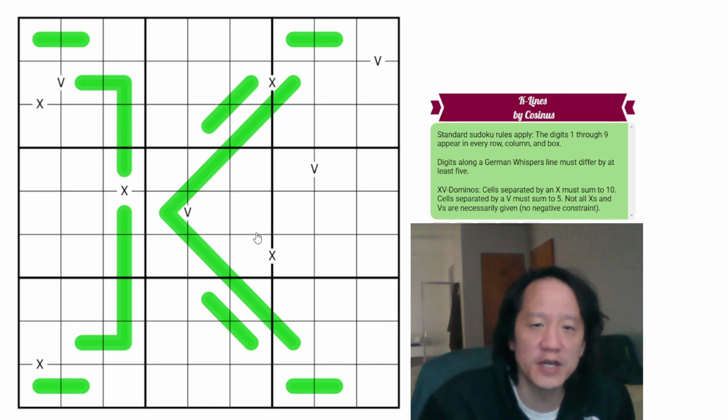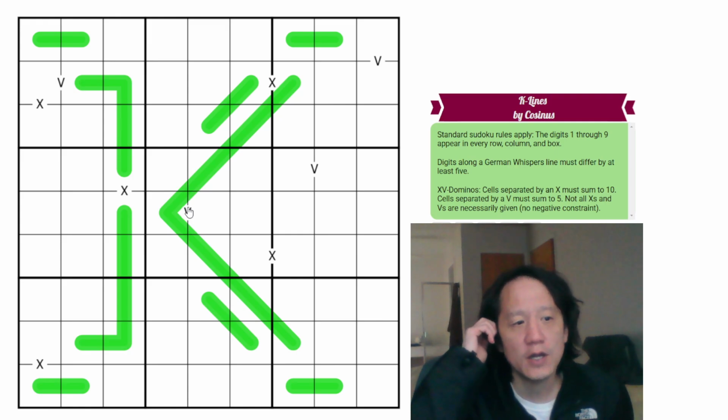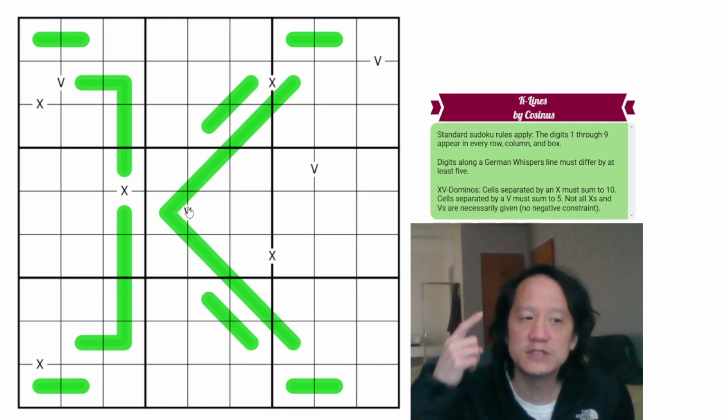Okay, so the first thing that I think of when I see these is, on a German whisper line, adjacent digits always alternate between low and high.